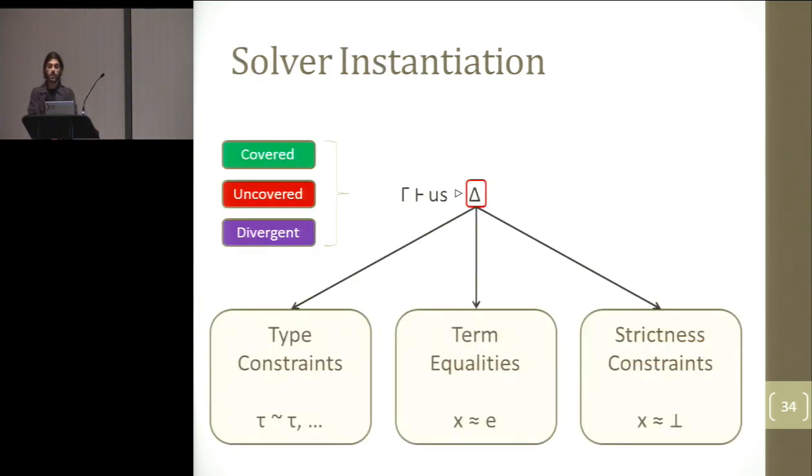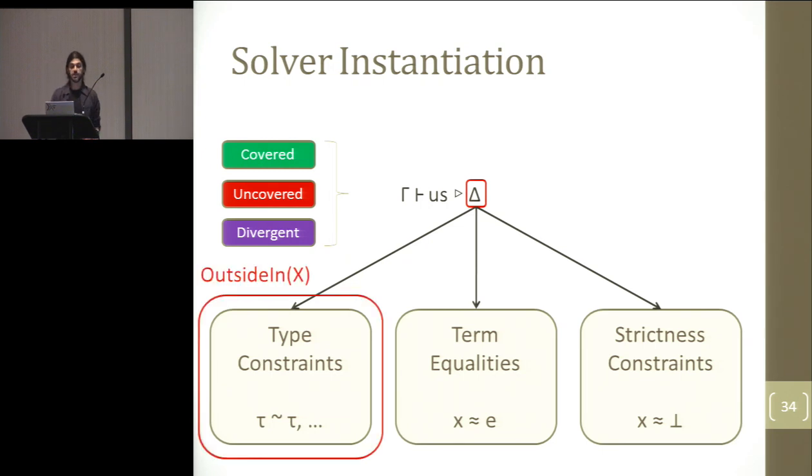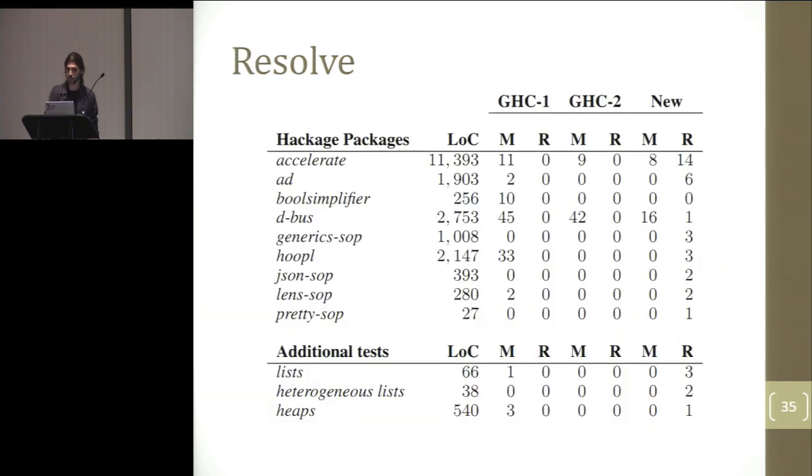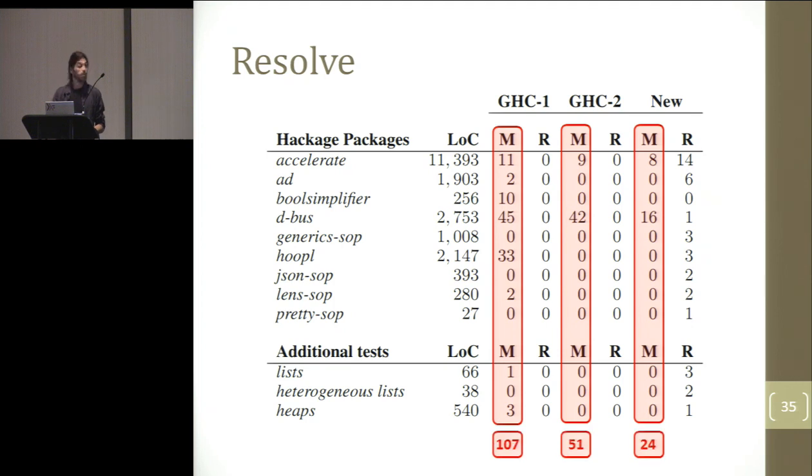The solvers we used are, first of all, for type constraints, OutsideIn(X), GHC's existing type inference engine, which makes it consistent with the behavior of the type checker. And for the other ones, I wrote a minimal solver, well, to do at least what we had before and maybe better in some cases. Also, we wanted to check our results. What does this table mean?